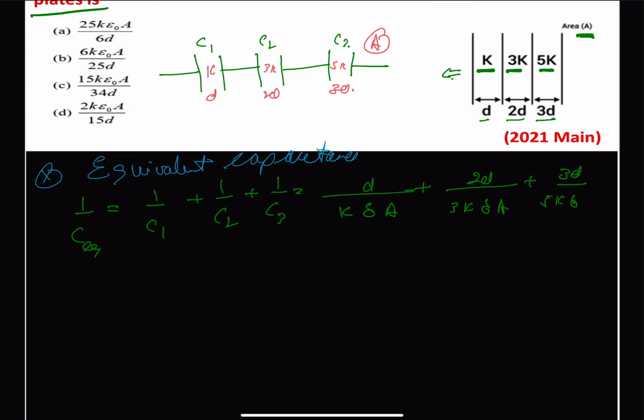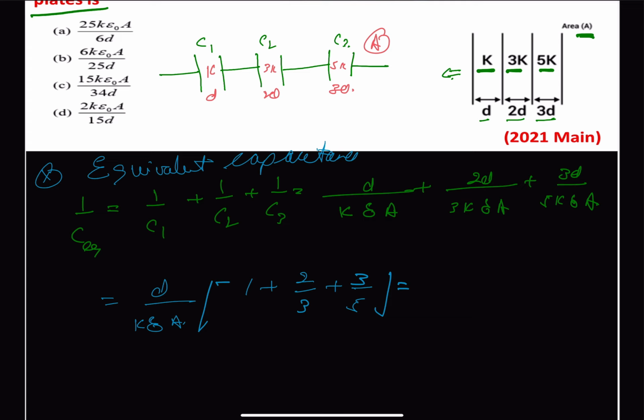We can just take common, so it's quite straightforward now, and this comes as D upon K epsilon naught A times 1 plus 2 by 3 plus 3 by 5. So the LCM will be 15. This comes as 15 plus 10 plus 9, which is 34.